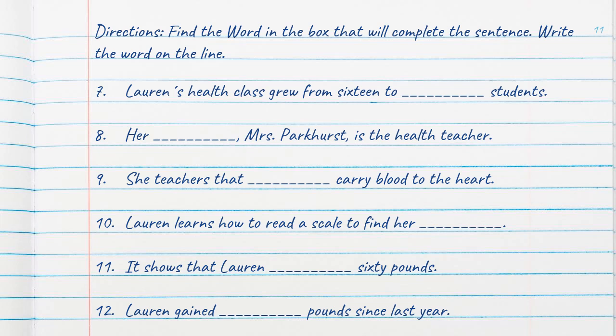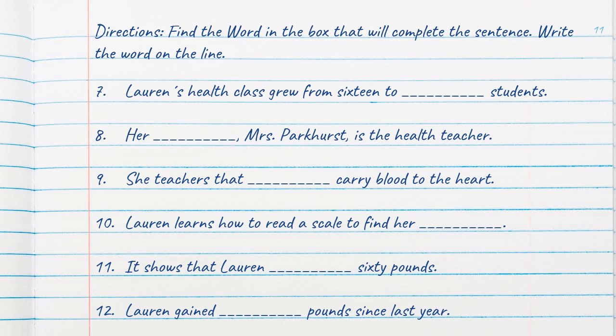Okay, let's continue, guys. Let's do the next part. Let's read our directions. Find the word in the box that will complete the sentence and write the word on the line. There you have another word box. These words have a long A sound.